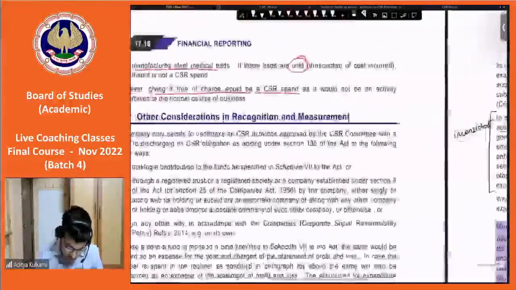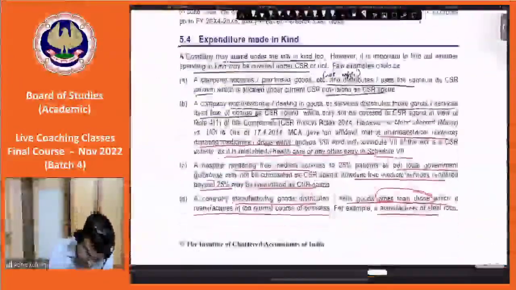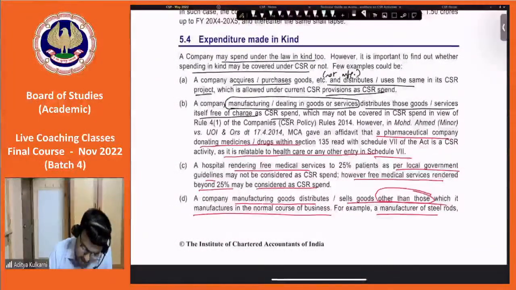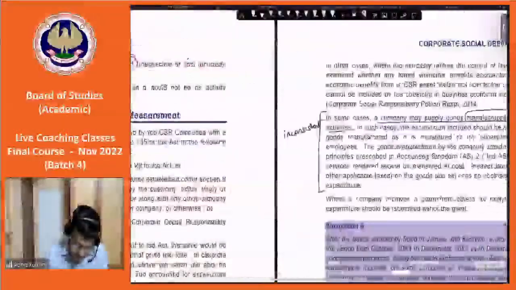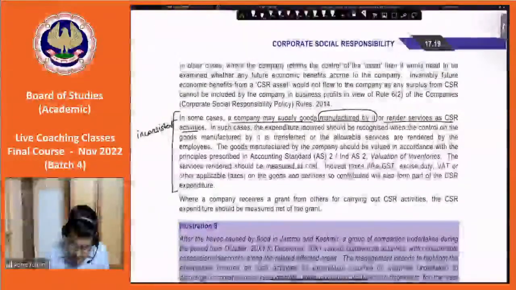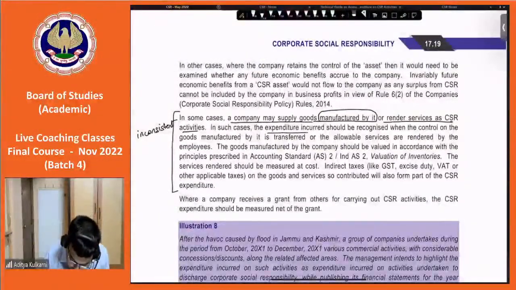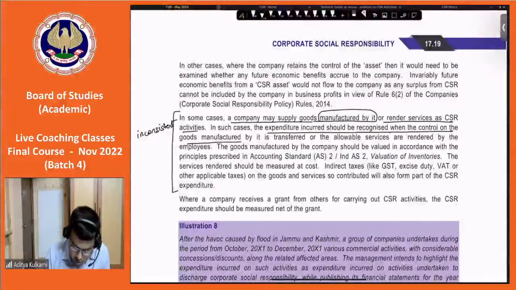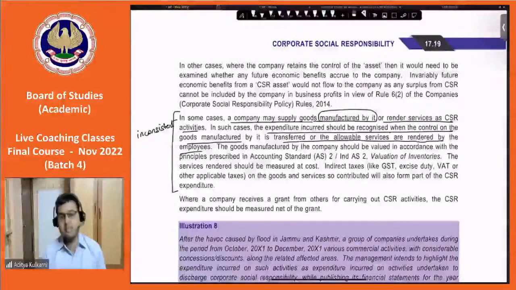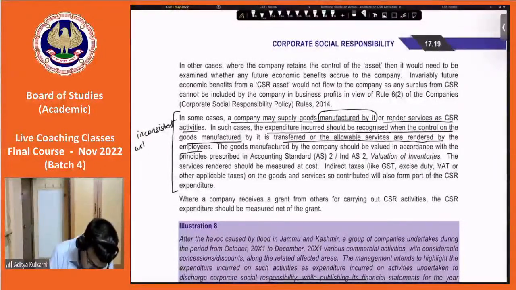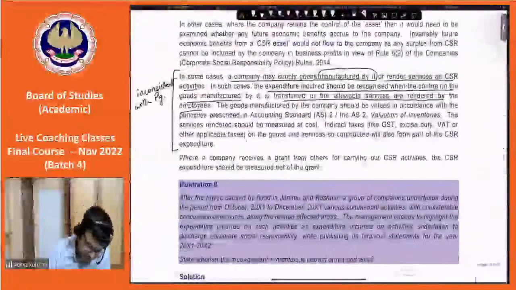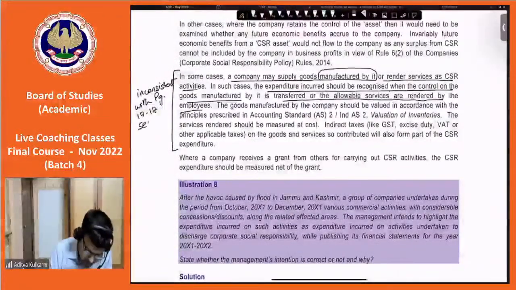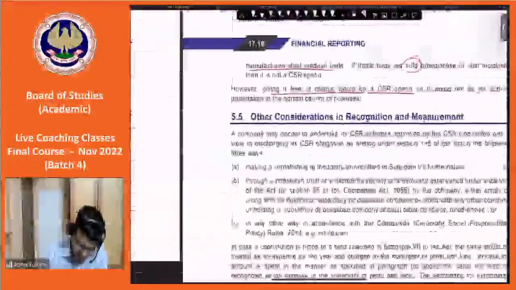Now look at what we have studied: a company manufacturing or dealing in goods or services that distributes those goods free of charge may not be covered in CSR spends. And now look at this: the company may supply goods manufactured by it as CSR activities, and the expenditure should be recognized when the control on the goods is transferred or the allowable services are rendered. So this is inconsistent with page number 17.17, section or para number 5.4.